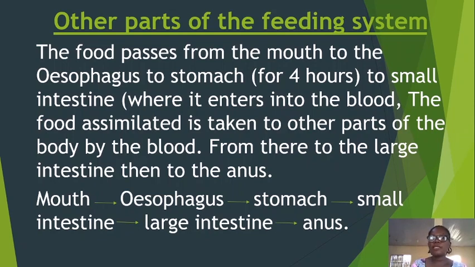Then from the gullet, it enters the stomach. In the stomach, the food stays for about 4 hours before it moves to the small intestine, where it enters into the blood. Now the food is used by the blood, or you can say it is assimilated, and is taken to other parts of the body by the blood.